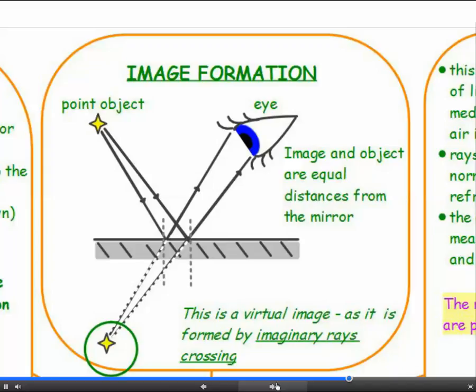I've drawn the normal, which is the perpendicular line, and the angle of reflection is equal to the angle of incidence. But my image is the same distance behind the mirror as the object is in front. So I've carried on the light rays from the surface of the mirror to go all the way back to the image which is behind the mirror, and I've drawn those in dotted lines.